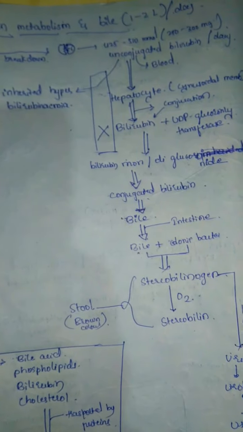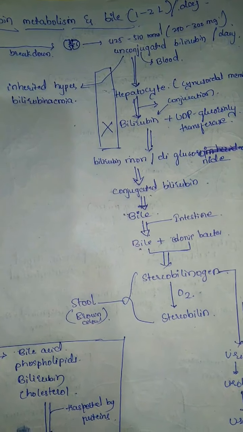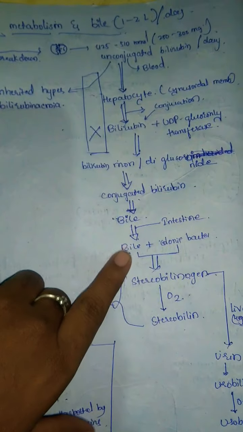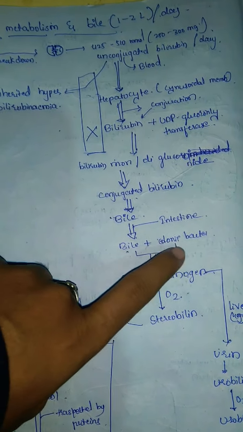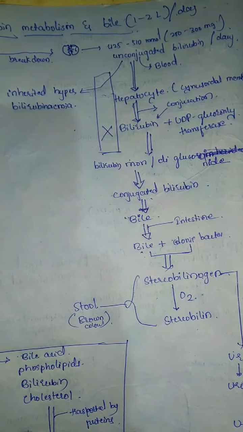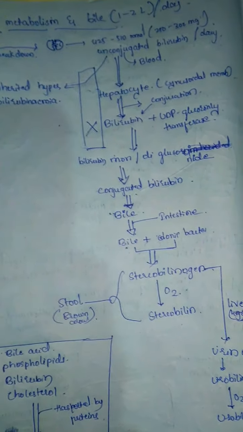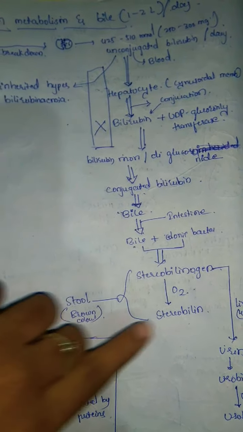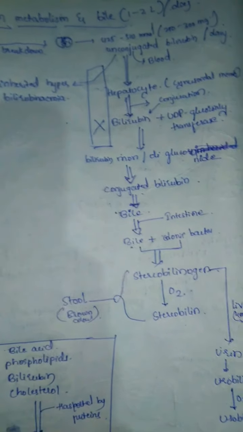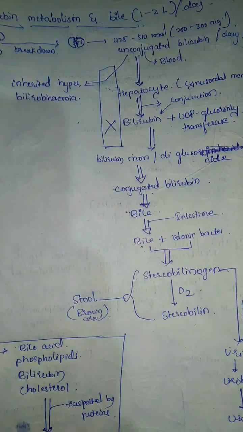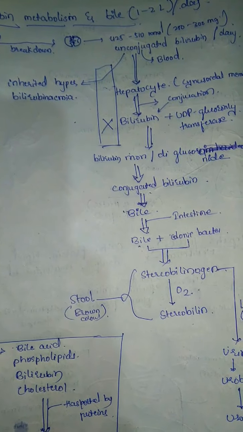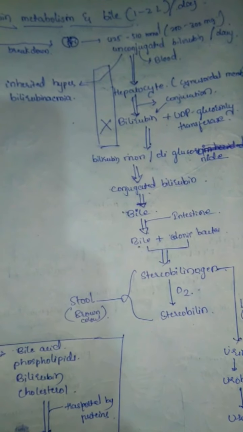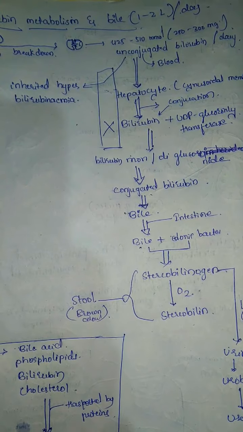Once in the bowel, the conjugated bilirubin is metabolized by colonic bacteria to form stercobilinogen, which may be further oxidized to stercobilin. Both stercobilinogen and stercobilin are then excreted in the stool, which gives the brown color to the stool.